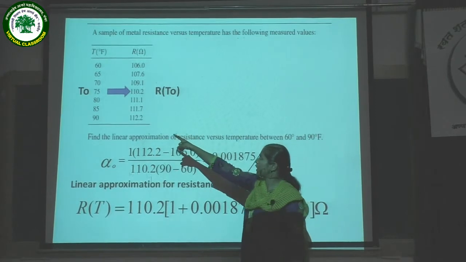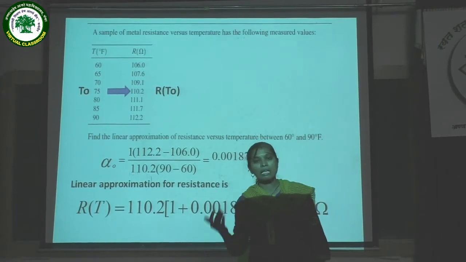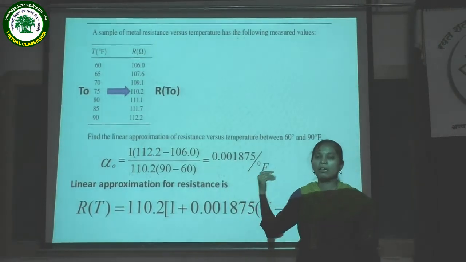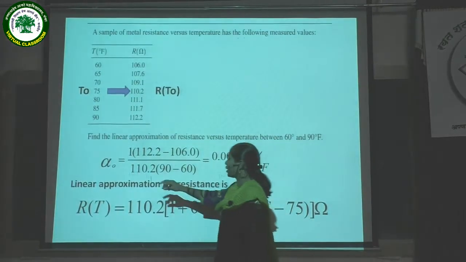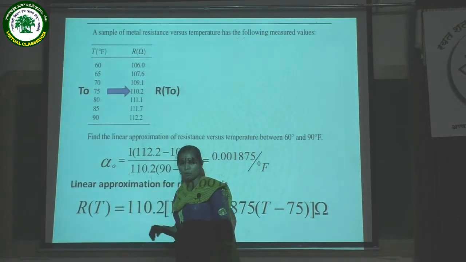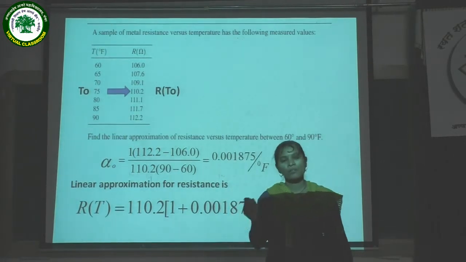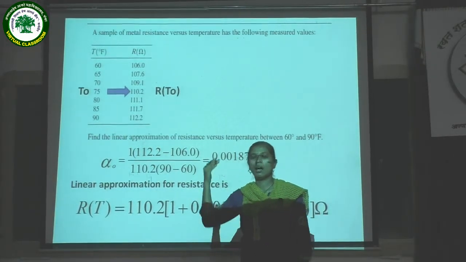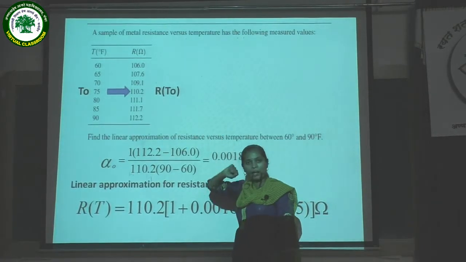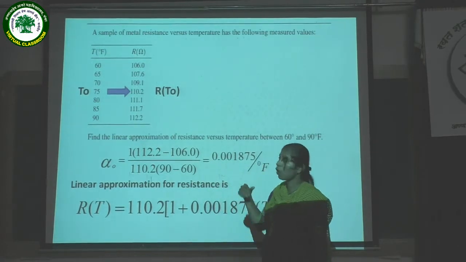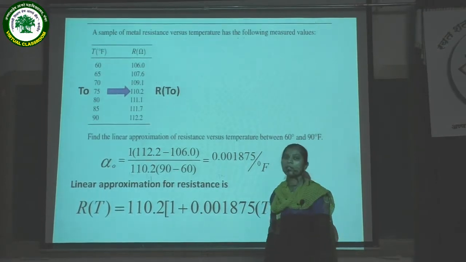Once we know the values of T0 and RT0, the next step is determination of alpha, where alpha is the linear fractional change per change in temperature. So we are going to determine the value of alpha 0. For this we will need RT0, T2, T1, and R2, R1 as well. The 60 degrees Fahrenheit we will take as T1, and the corresponding resistance as R1.